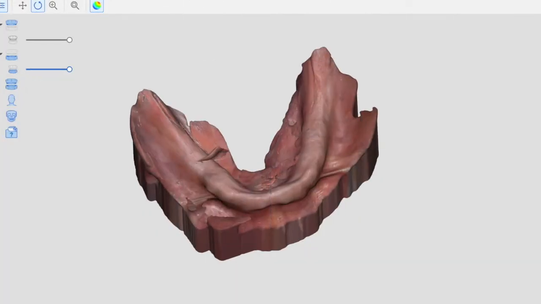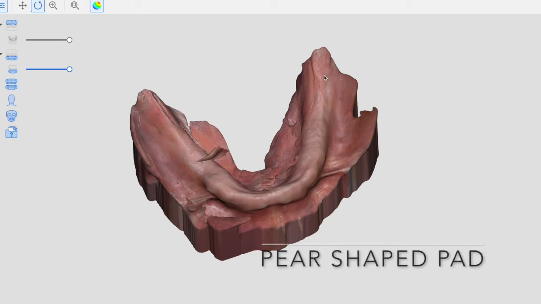Mandibular fully edentulous anatomy. So for mandibular edentulous anatomy and anatomical reference, you always start from the pear-shaped pad. This pear-shaped pad is located right in this area.